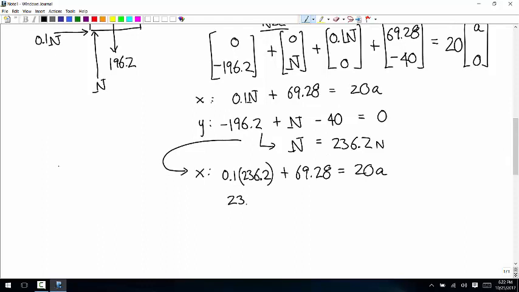So 23.62 plus 69.28 is equal to 20a. So that's 92.9. So 92.90 is equal to 20a. And so a is equal to 4.645.